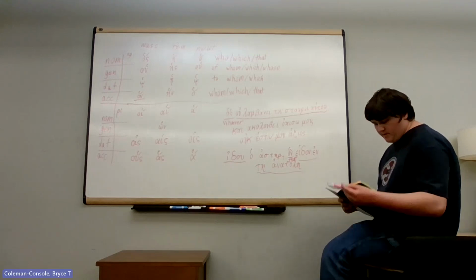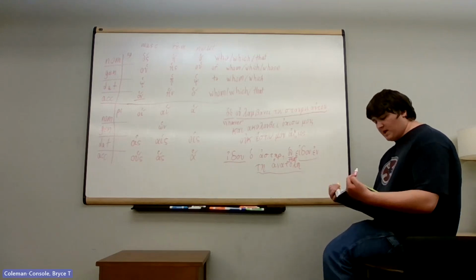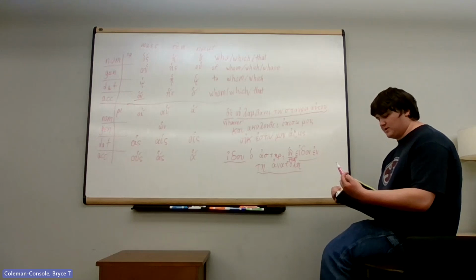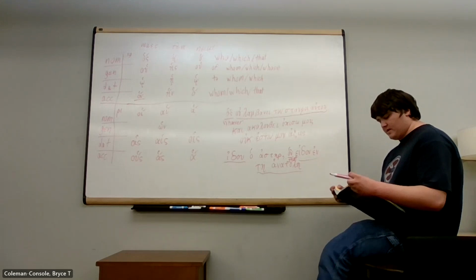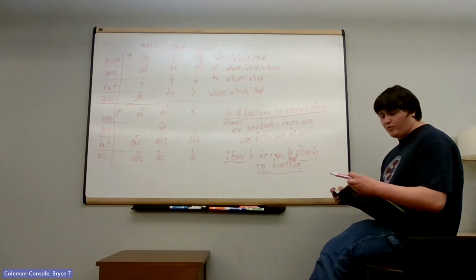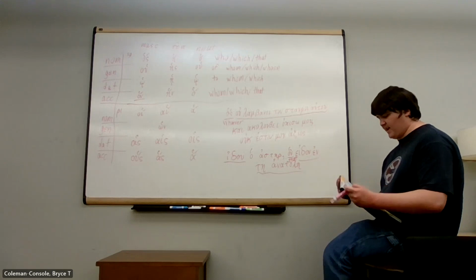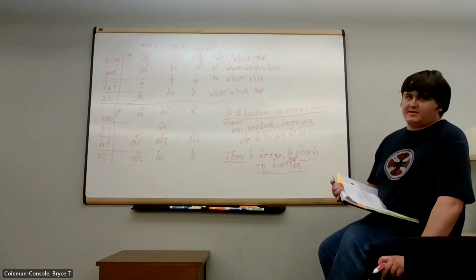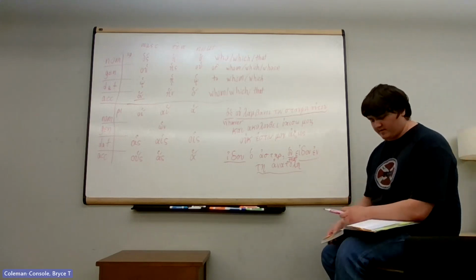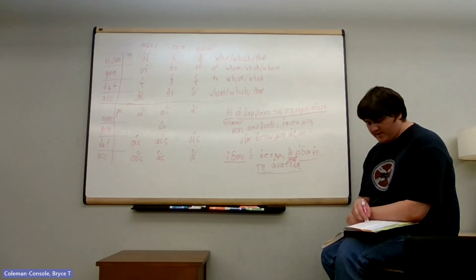Another example that he mentions is the man whom we know teaches us. So the relative clause is whom we know. The man teaches us is probably the full sentence.